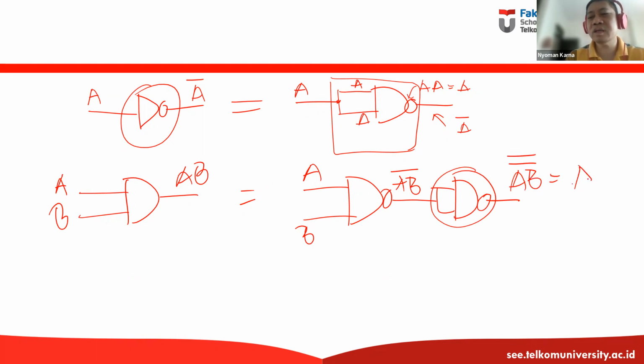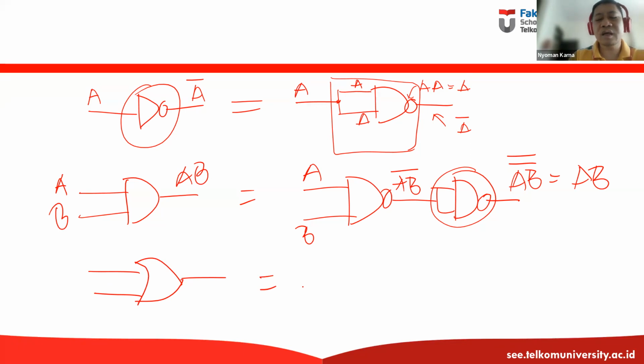So it's actually the same as AB. So by using two NAND gates, we can simulate the function of AND gate. Now, how about OR gate? OR gate, we can use something like this.